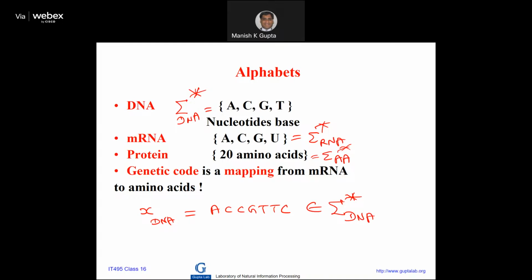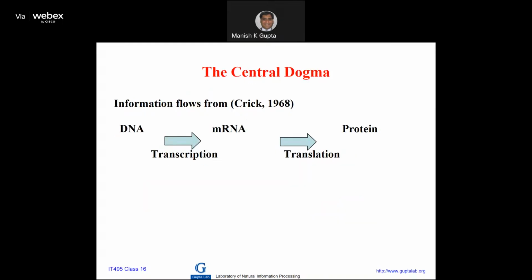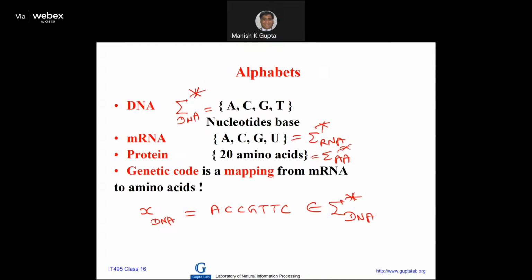Now this is converted into RNA. T will be replaced with U in the first process of the central dogma. As you can see, the first step is DNA to RNA transcription. So you get x RNA, which is something like A, C, C, G, U, U, C.